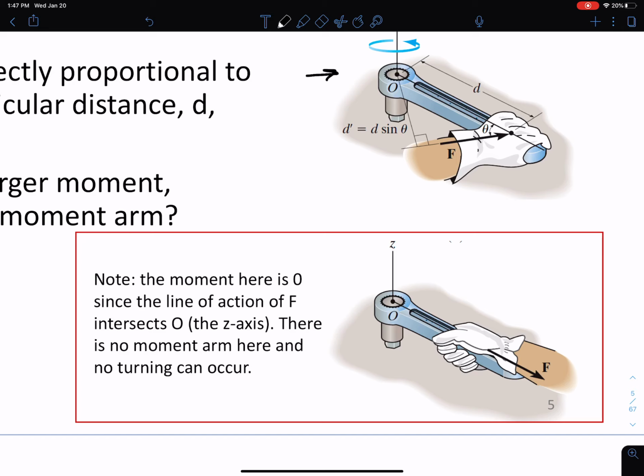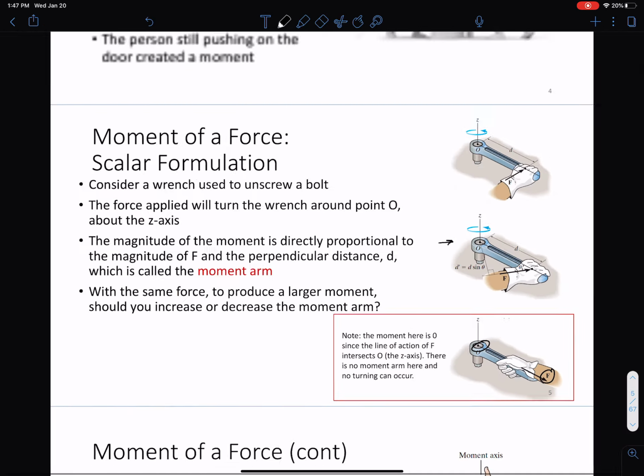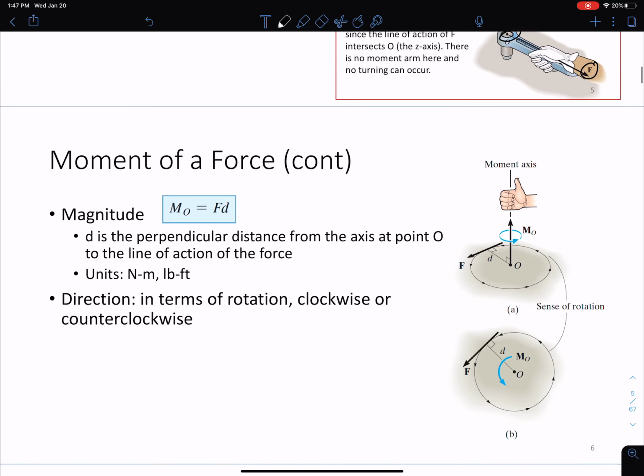I'm just applying some axial force along that bar. It's pulling, but I am not doing anything to unscrew that bolt. So this is a very important concept: I have no moment arm. There is no distance that I can calculate between the force and the axis of rotation. So I am actually producing zero moment, which means I am not rotating at all. Okay, it's very important that we understand that.